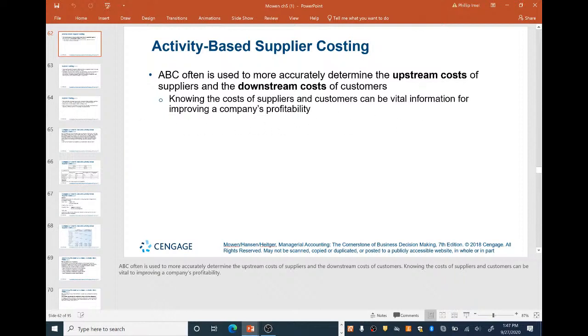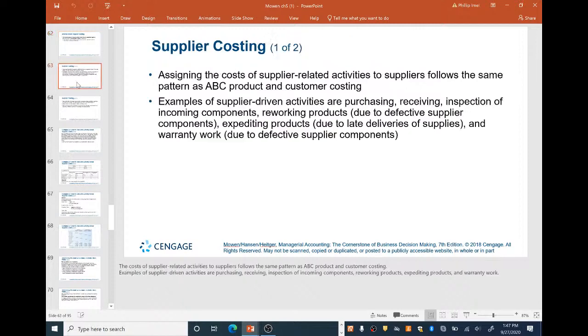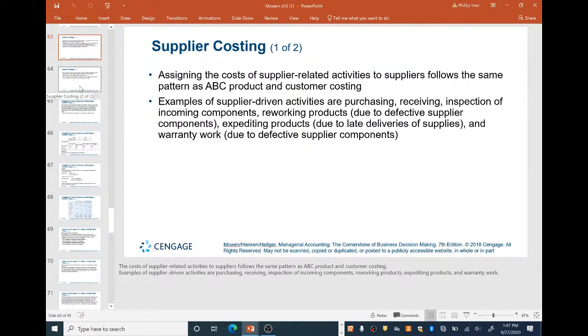Now we're just looking at the upstream costs with the supplier, because we've already looked at the customers. Assigning the cost of supplier-related activities to suppliers follows the same pattern of activity-based costing, product and customer costing. Same method, nothing new, just a different activity that we're tracing.